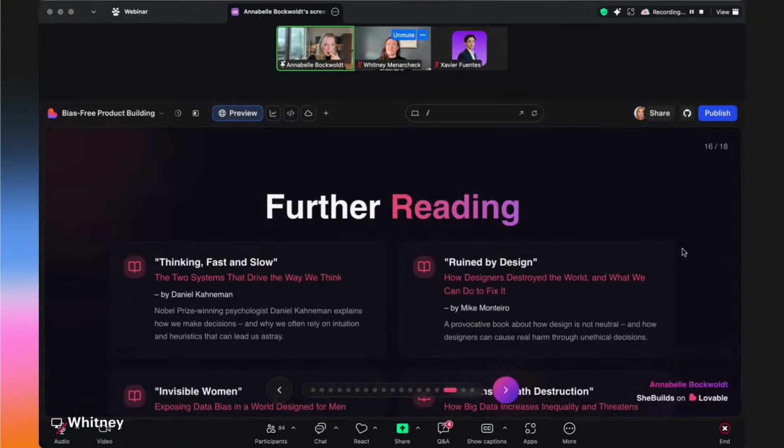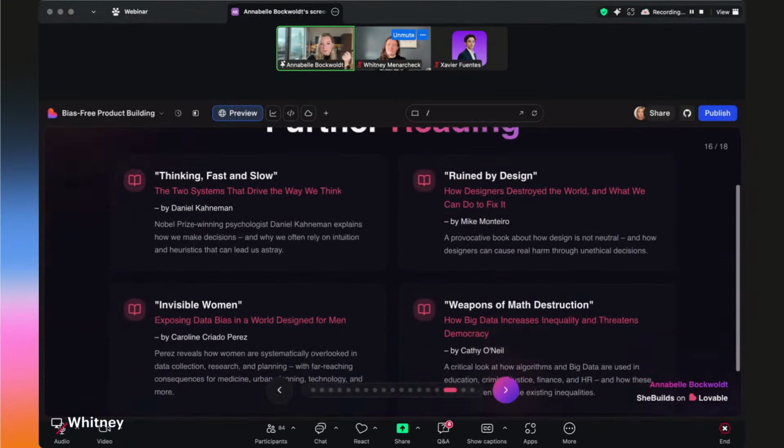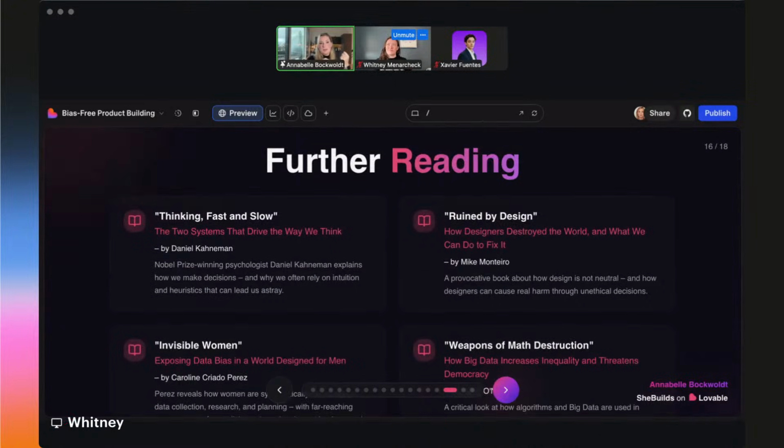Last but not least, I have some recommendations for you. Maybe you want to screenshot it. So further reading, Thinking Fast and Slow is one quite commonly known book by Daniel Kahneman. Ruined by Design is one of my favorites. It's written in a very polemic way. I really enjoy it. He curses a lot, but it's quite fun to read.